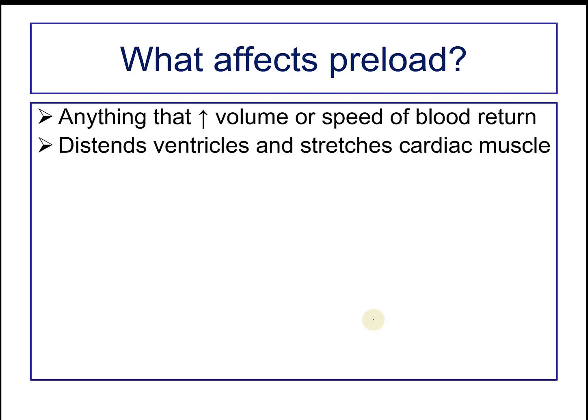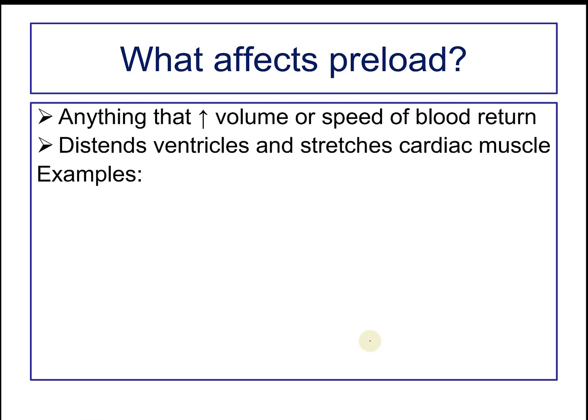And if this happens over and over again for days and months and maybe years, that stretch is going to stay stretched. Also, if the ventricles are able to fill more completely before they contract, that's going to stretch them. Now again, this isn't a one-time thing. This has to be constant over a period of time, but the ventricles will stretch.